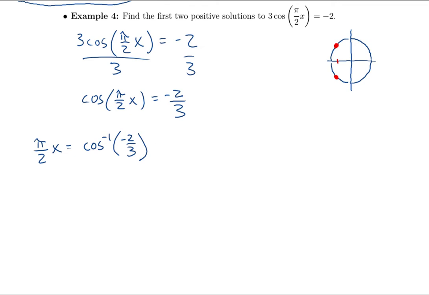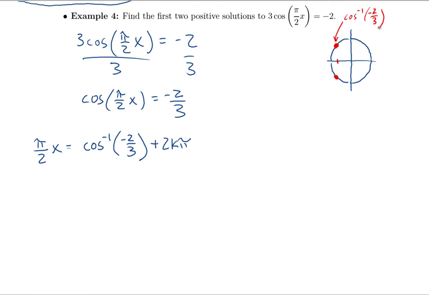And of course, just like always, plus 2k pi. Now, I think it's a useful thing to understand the cosine inverse of negative 2/3. Which one of those dots is it? Remember that the cosine inverse always spits out values between 0 and pi. So I know that this is my cosine inverse of negative 2/3.